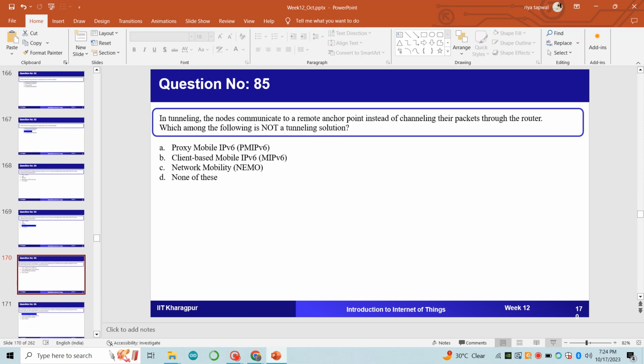Next question is, in tunneling, the nodes communicate to remote anchor point instead of channeling their packets through the router. Which of the following is not a tunneling solution? Options are proxy mobile IPv6, client based mobile IPv6, network mobility, none of these.